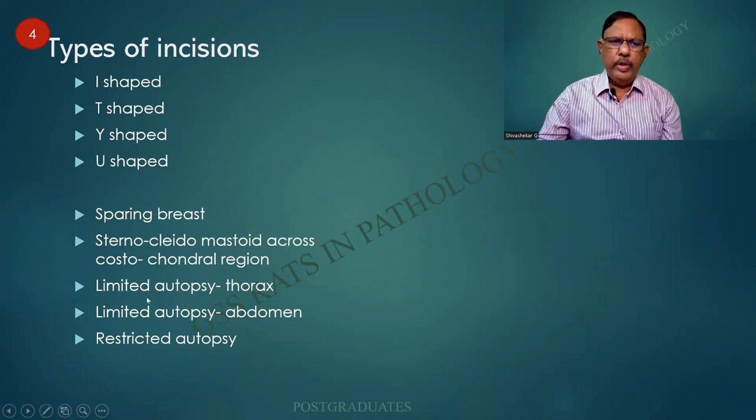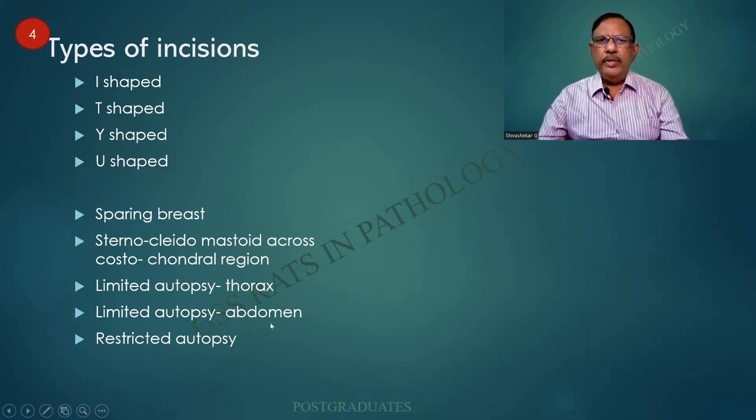I shall be showing you what it is. Limited autopsies are there. And also there can be a limited autopsy of the abdomen or thorax. Restricted autopsy is a different terminology. So for each of these, you have got different types of incisions.